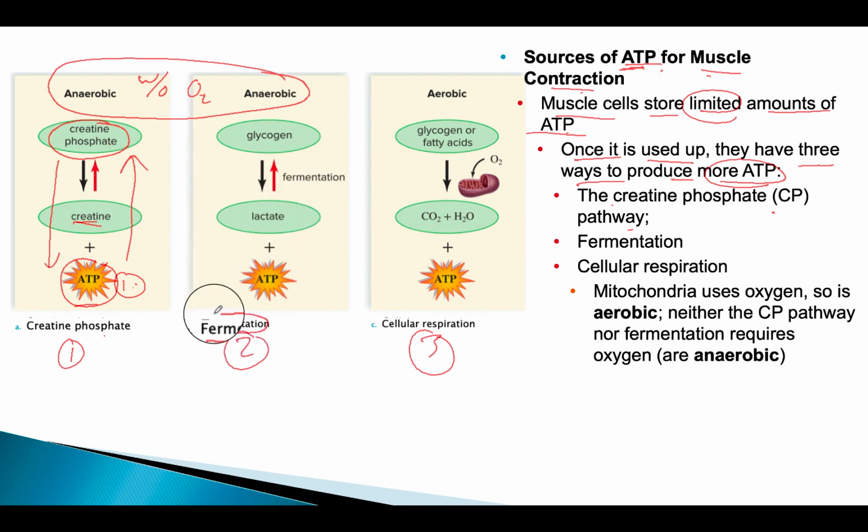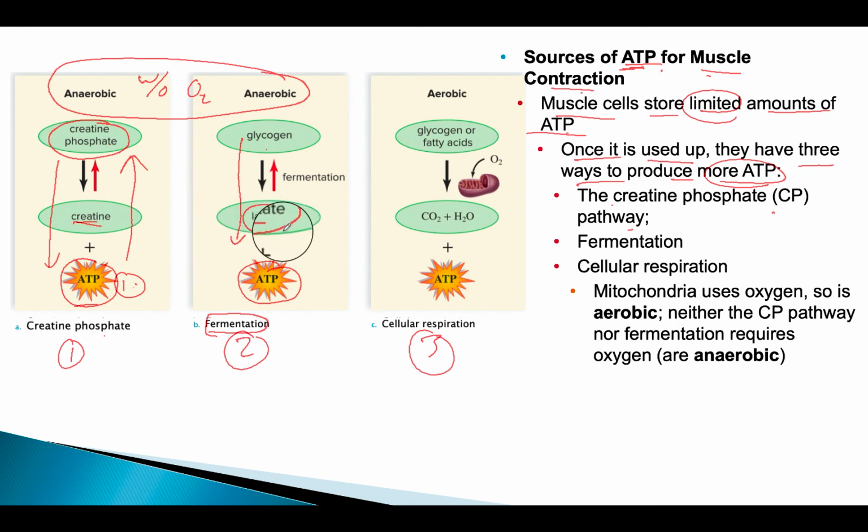The next one is to create ATP utilizing what is known as fermentation. So glycogen can be broken down into lactate and your ATP. This is going to happen without oxygen. And the byproduct, unfortunately, is lactate or lactic acid.